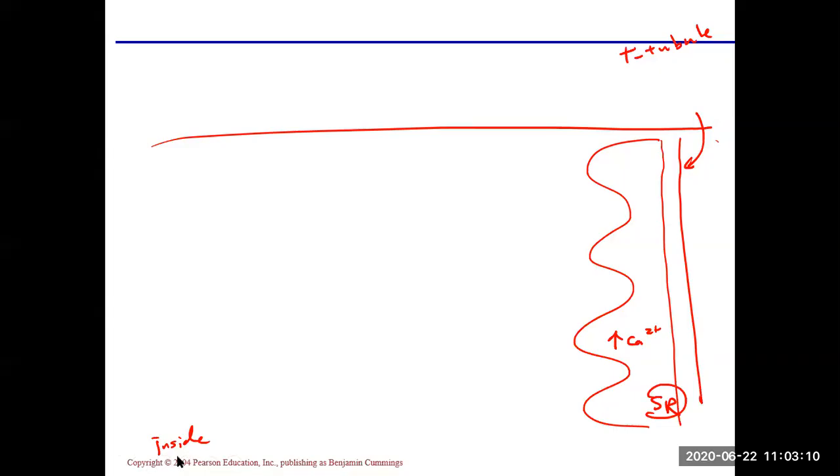On the SR, there are protein channels. These are called voltage gated channels. They open and close whenever the voltage changes. So these are voltage sensitive calcium channels. When the voltage changes and arrives, they open.